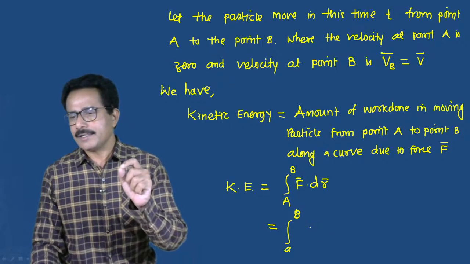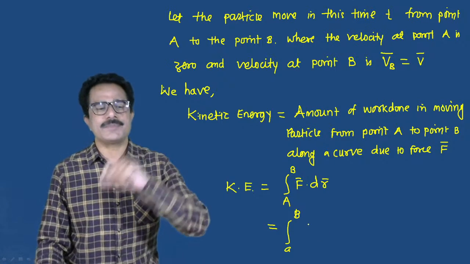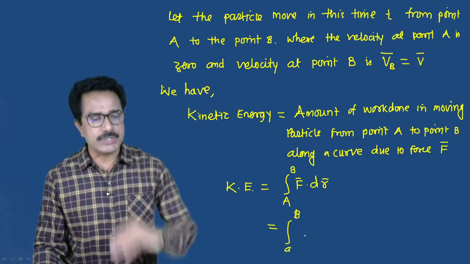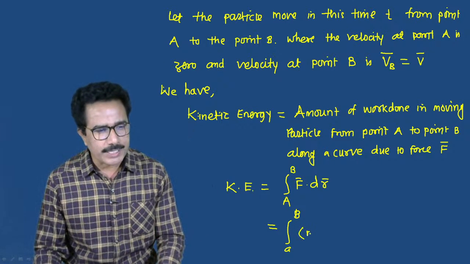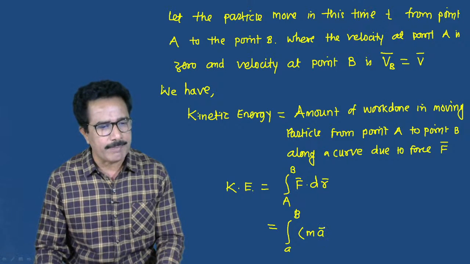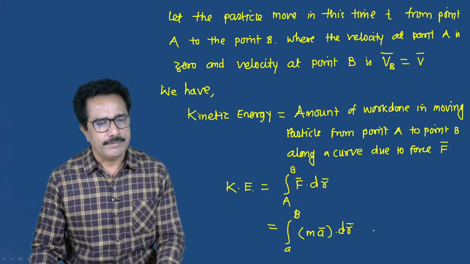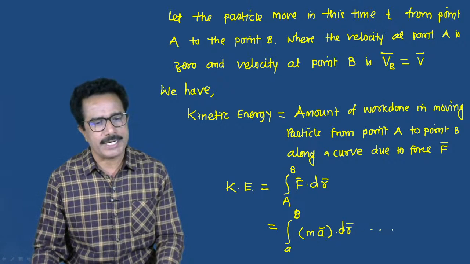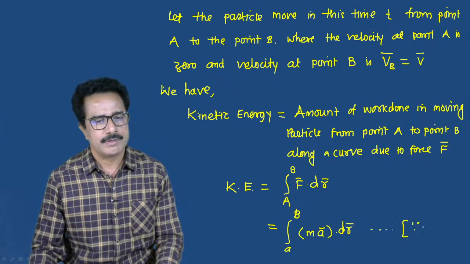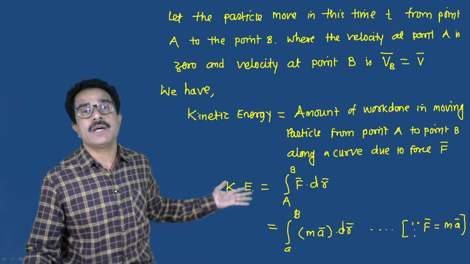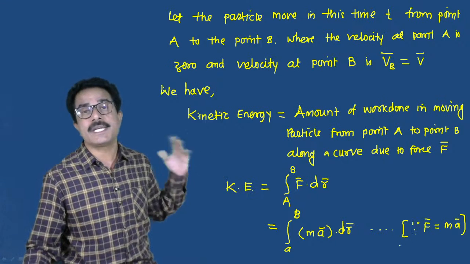But we know how we can define the force. Force means the product of mass into acceleration. So we can write m into a bar into dr bar, since F bar is equal to m a bar. You know that according to Newton's second law, we have proved this relation.